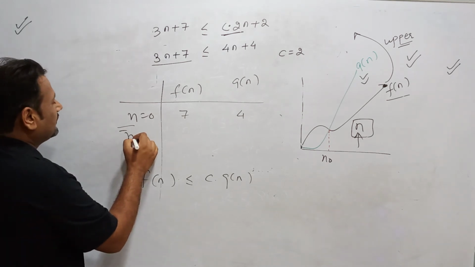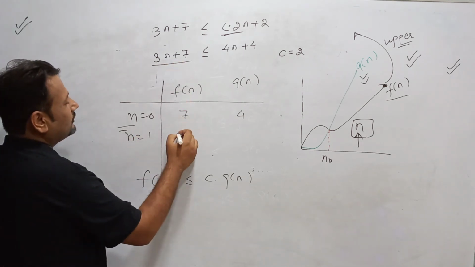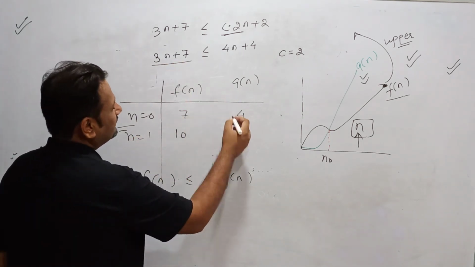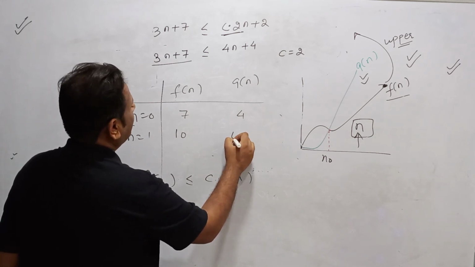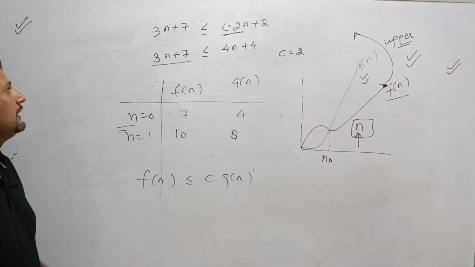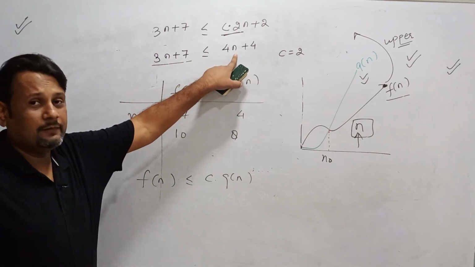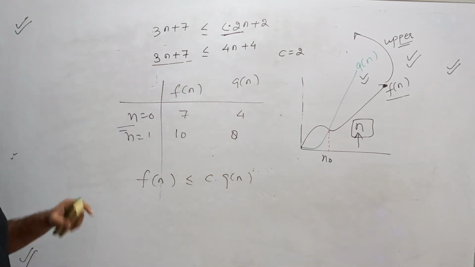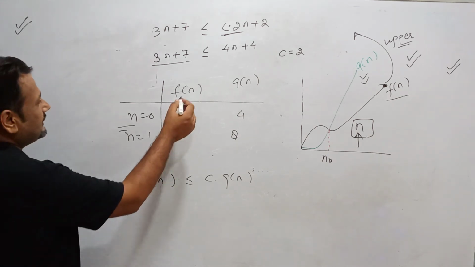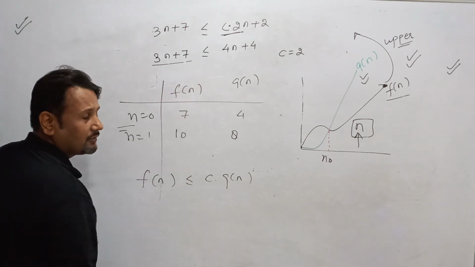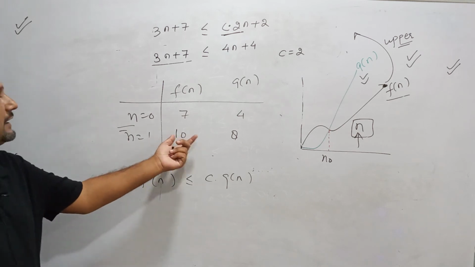Let me take another value, n = 1. This is going to give you 3 into 1, 3 plus 7, 10. And this is 4 into 1, 4, plus 4, 8. So this is not true. This f(n) cannot be less than c into g(n), because this is 10, this is 8.